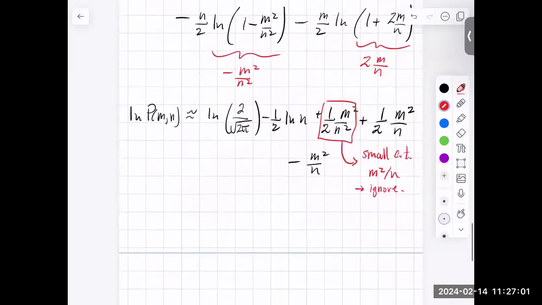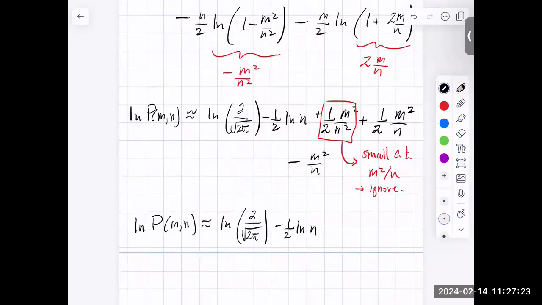All right, so then our probability, we're getting close actually. The ln of p is going to be approximately the ln of 2 over root 2 pi minus 1/2 ln n. And then we ignore the third last term and we combine the last 2, minus 1/2 m squared over n. I think. Okay, good.